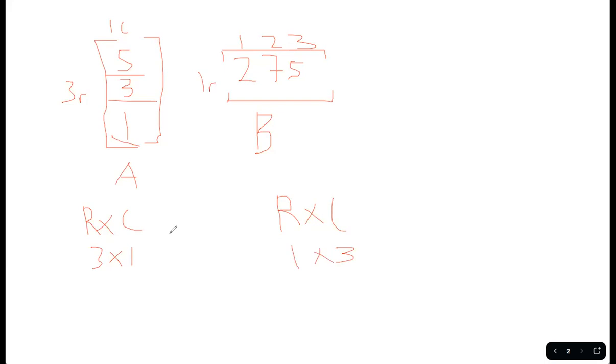Right? So what are we seeing here? The column of matrix A is equal to the row of matrix B. So meaning what? They can multiply. And then our final answer should be in a 3 by 3 matrix.